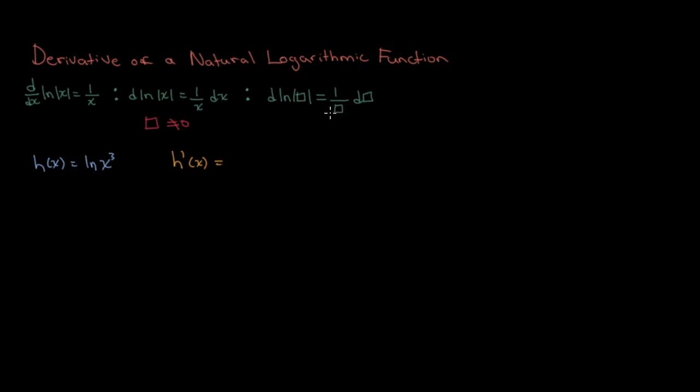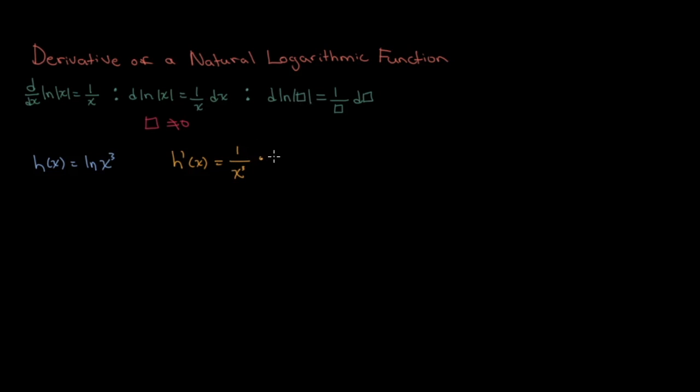Now, in this case, what does this box term represent? Well, that's this right here, x cubed. So we would go 1 over x cubed, and then we're going to multiply this by the derivative of x cubed.